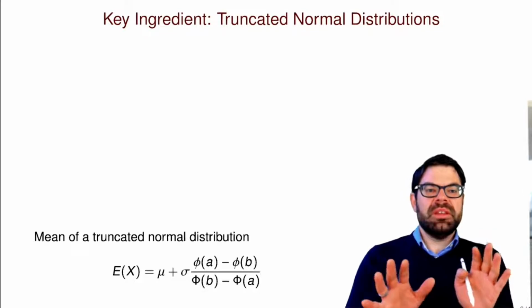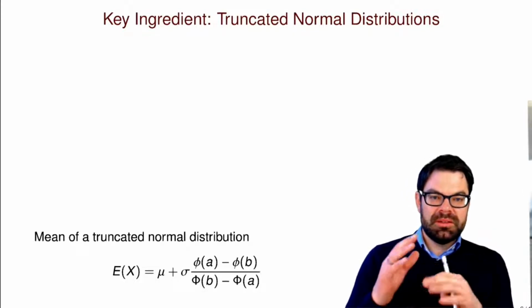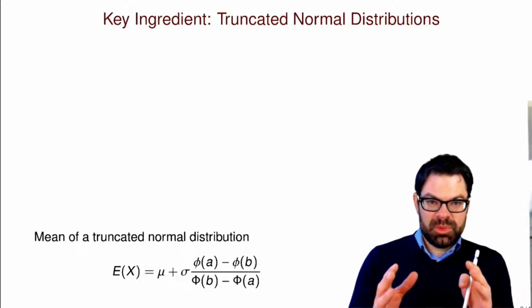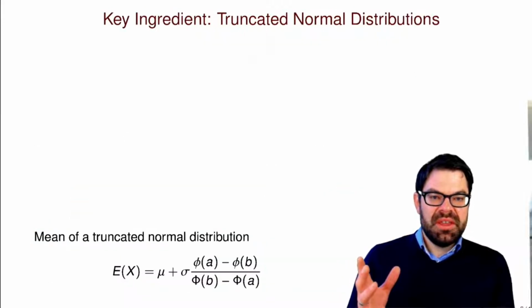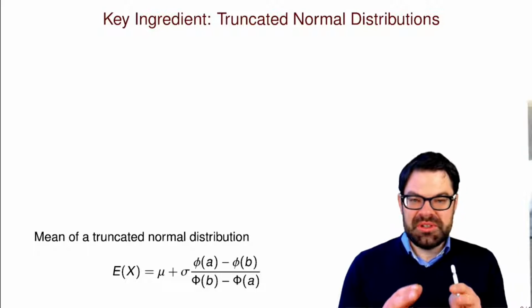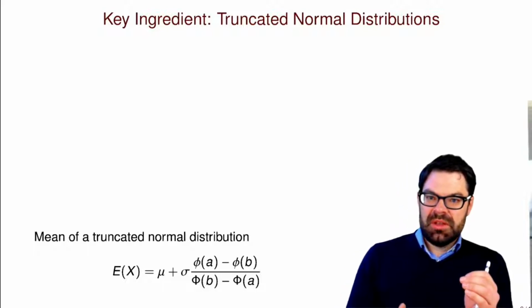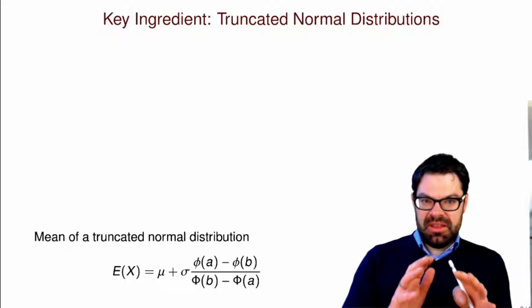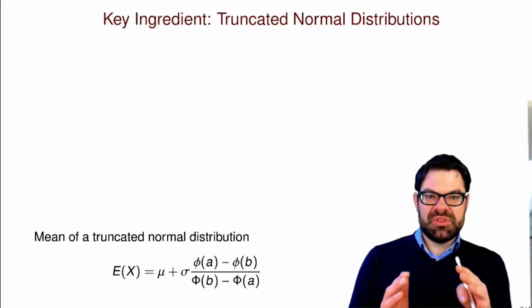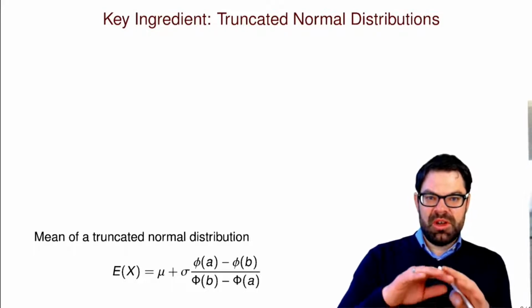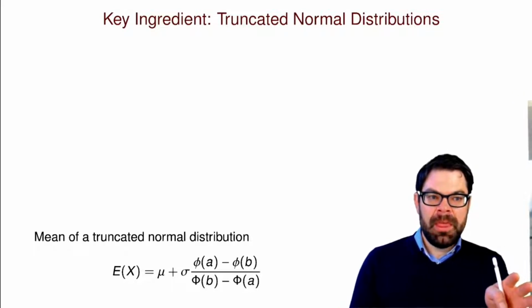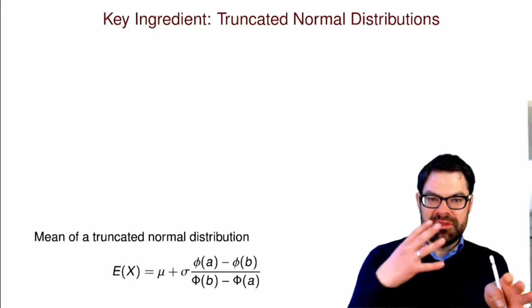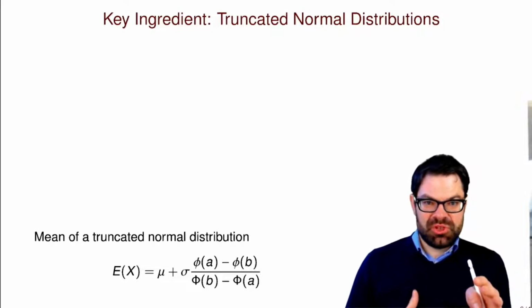Now, the key ingredient for solving this problem, for basically computing these expectations, is truncated normal distributions. The idea here is that we make parametric assumptions about the distribution of those unobserved terms in the population, and then we can calculate those expectations based on these assumptions.